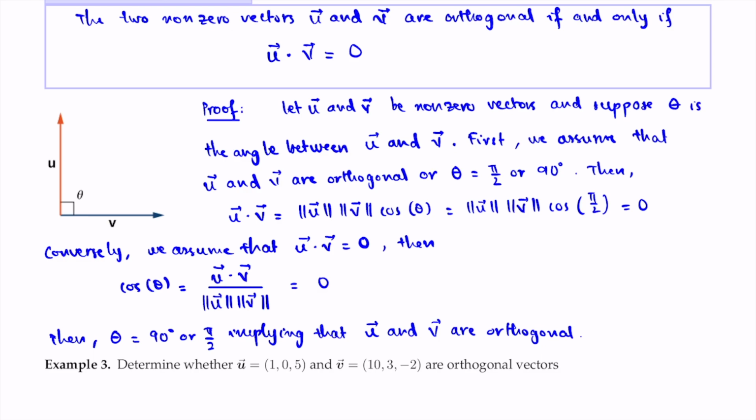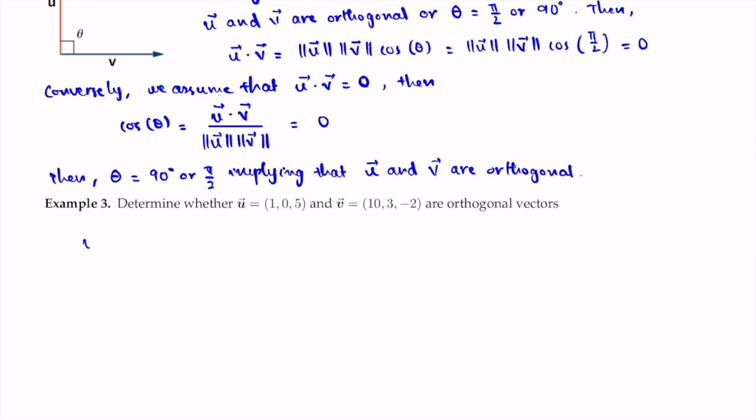Right. So with this information, let's apply it to example 3. You have two three-dimensional vectors and we want to know if they are orthogonal to one another. So by doing the calculations, u dot with v equals (1, 0, 5) dot with (10, 3, negative 2).